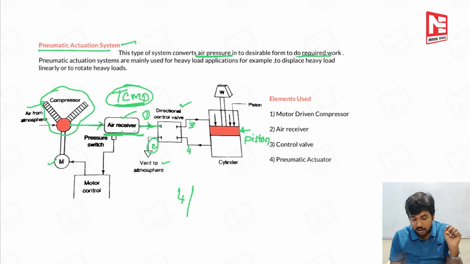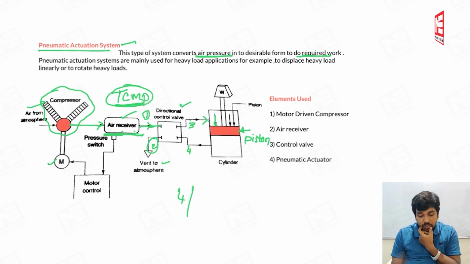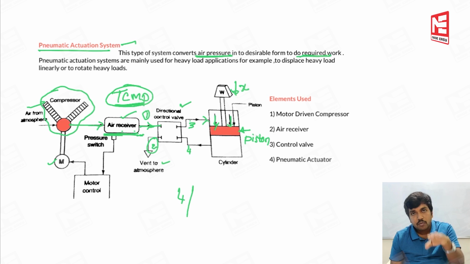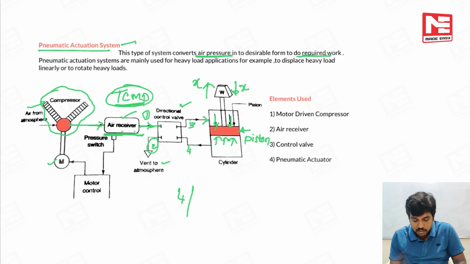Then the piston and the load both will be displaced in the upward direction. Now how many actions are done here? Again, the control valve is able to make 2 different actions. That is, it can displace the piston and cylindrical rod in the upward direction, or it can displace them in the downward direction. That's why this particular control valve is also called a 4x2 directional control valve, DCV, 4x2 directional control valve. Clear?